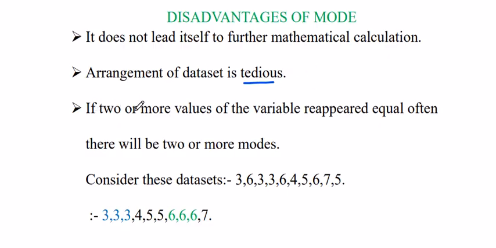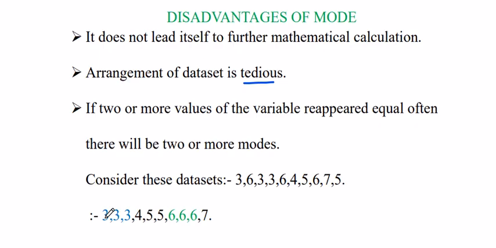Number three, if two or more values of the variable reappear equally, often there will be two or more modes. Take for instance, this data set: 3, 6, 3, 3, 6, 4, 5, 6, 7, 5.